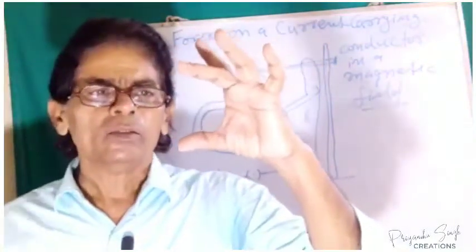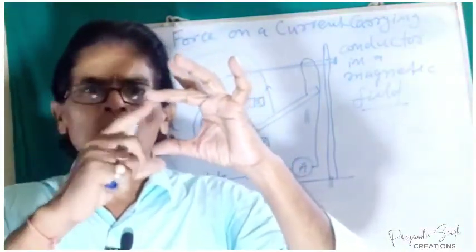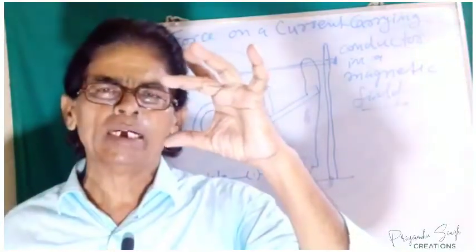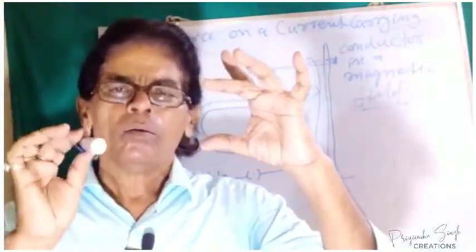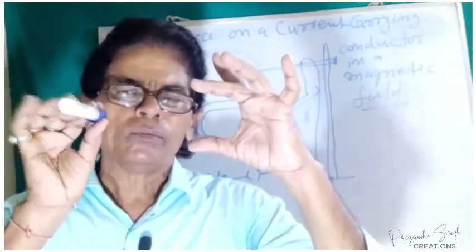Suppose that this is the north pole and this is the south pole of the horseshoe magnet, and imagine that this is the aluminum rod.